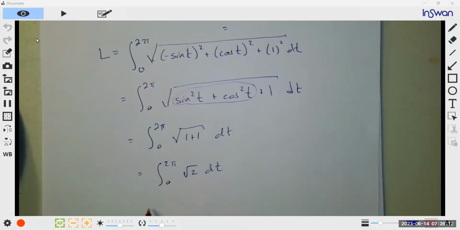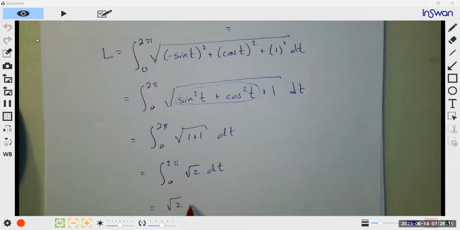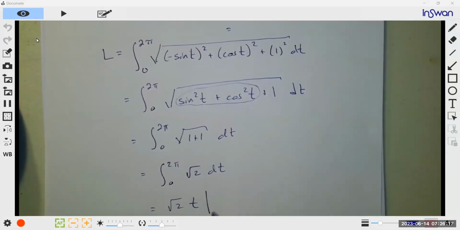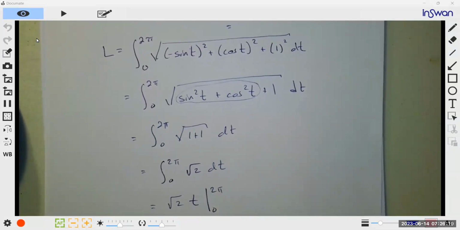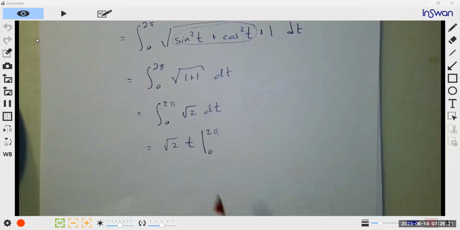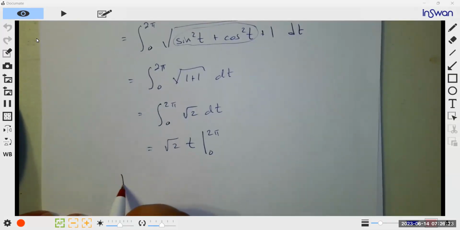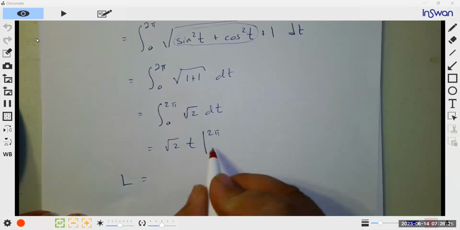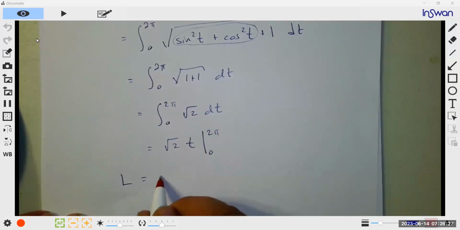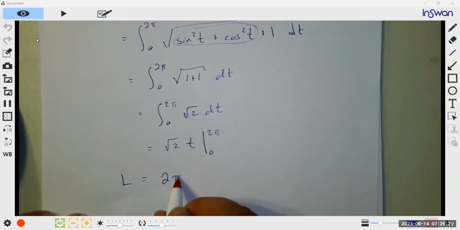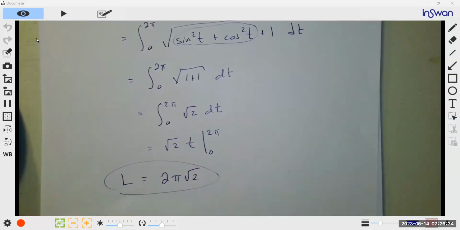The integral of the square root of 2 is square root of 2 t from 0 to 2 pi, which says our length, since t is 0 at the start, is 2 pi square root of 2. That's the length of our motion of this glider.